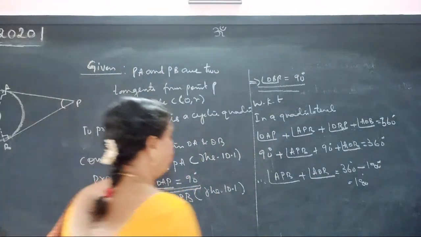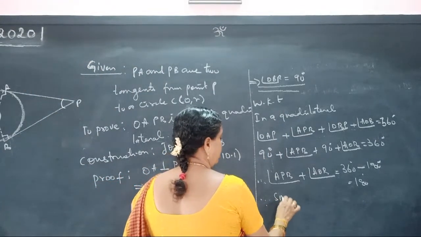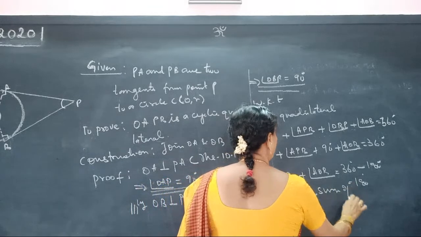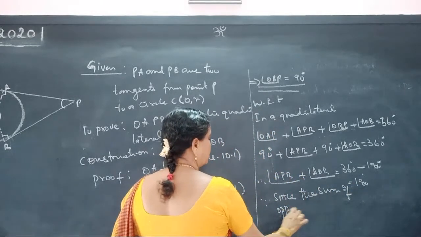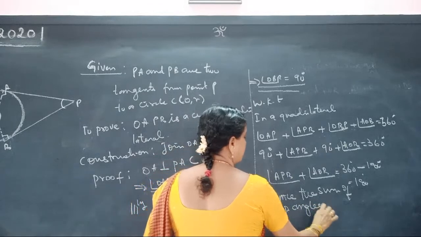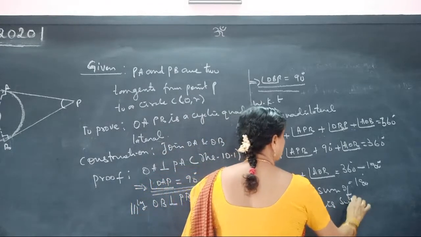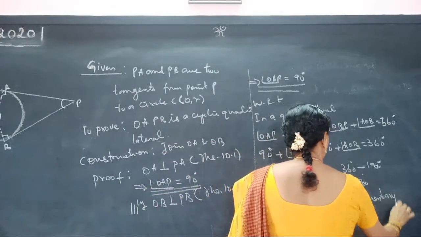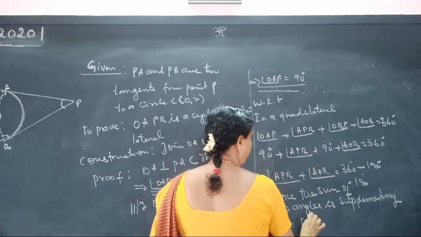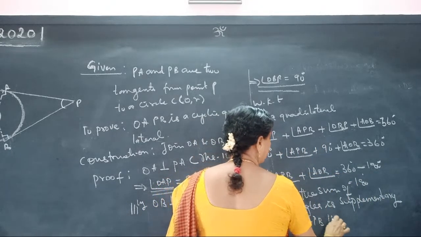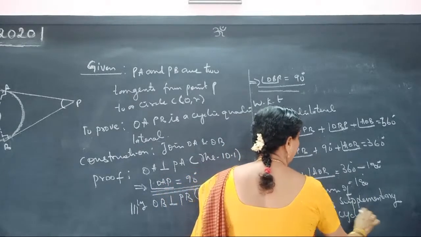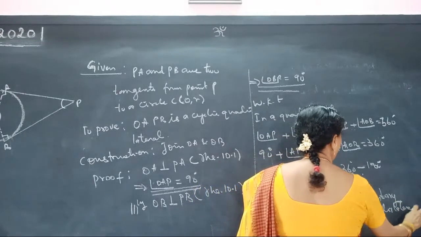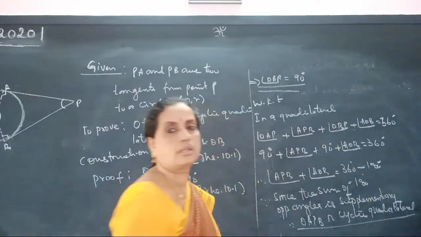Since the sum of the opposite angles is supplementary, therefore OAPB is a cyclic quadrilateral. Hence the result.